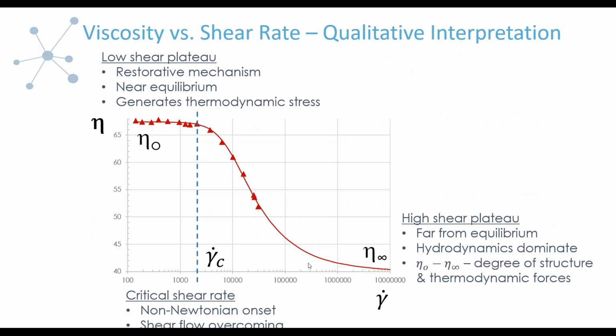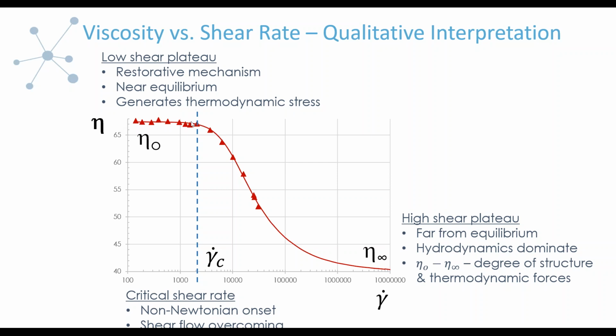To get to that point, I wanted to have a qualitative discussion on what viscosity versus shear rate is telling you for this type of system. I've presented some other concentrated protein sample data where we're looking at viscosity as a function of shear rate. What we see commonly with these systems, so long as we don't have something that is gelling, is what we refer to as a low shear or zero shear plateau.